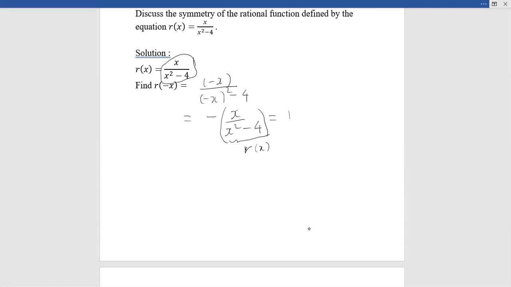This is equal to negative of R(x). Therefore, when we find R of negative x, we found it is the same as negative R(x). Therefore, R(x) has origin symmetry.